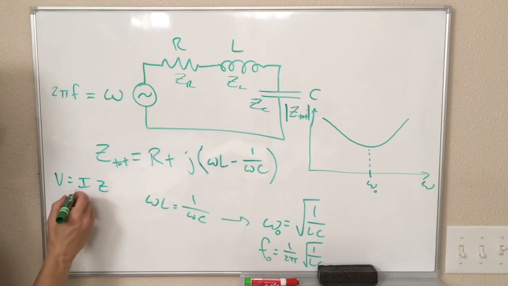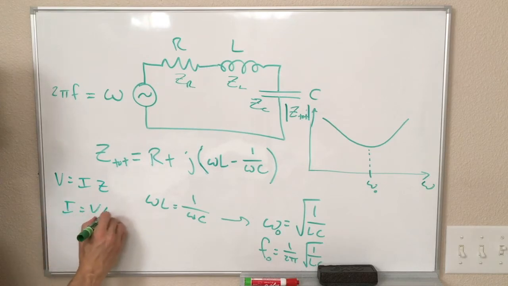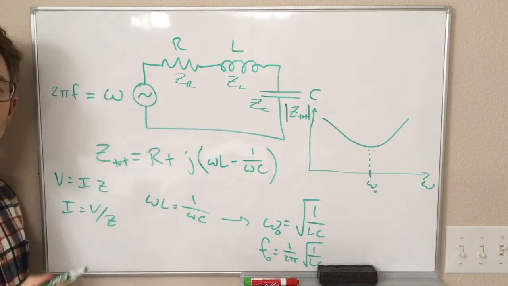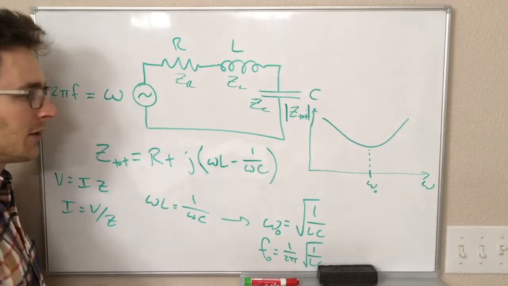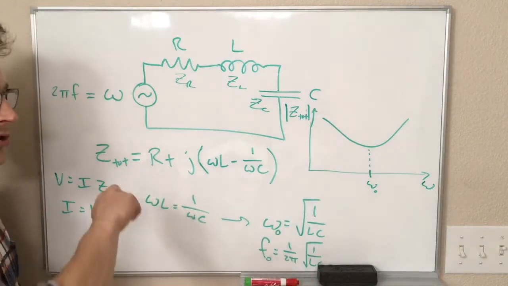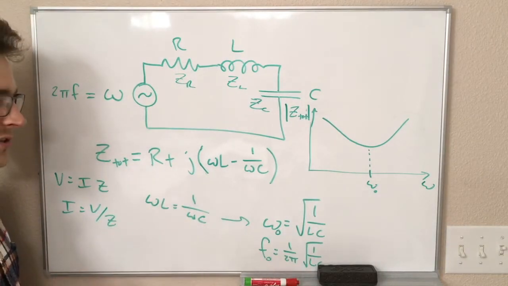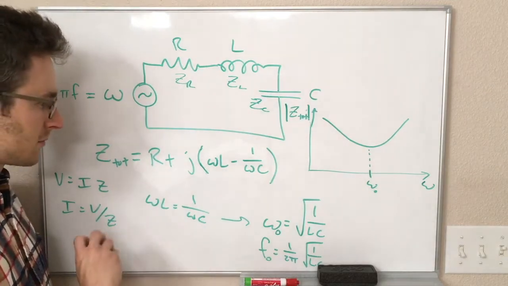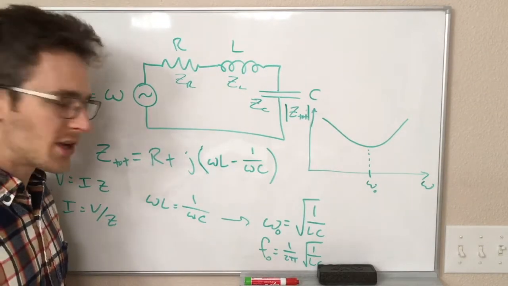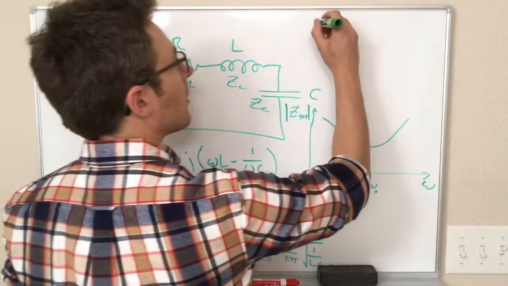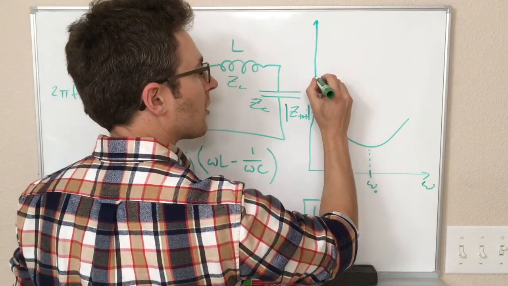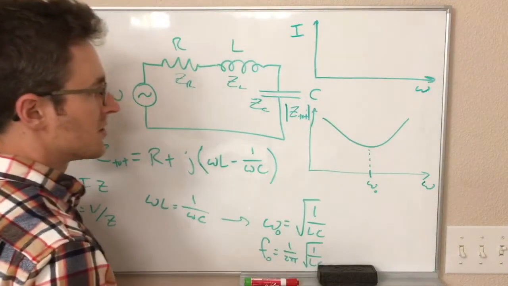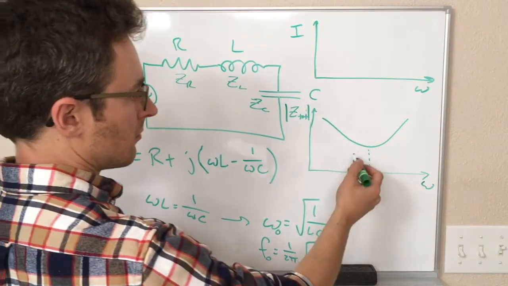That tells us that I is equal to V over Z. So for a particular amount of voltage being applied, if we change the frequency that voltage is oscillating, so say it's still going between plus 1 volt and minus 1 volt, we're just changing how many times it does that per second, we can draw a graph of the current as a function of the frequency, and it is going to look like the opposite of this, right?